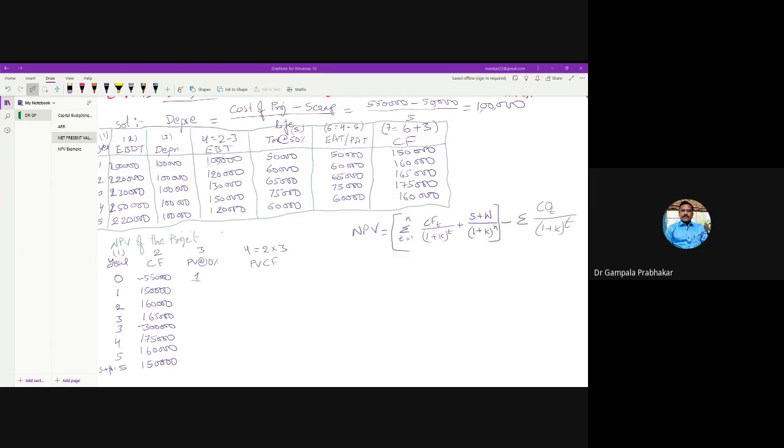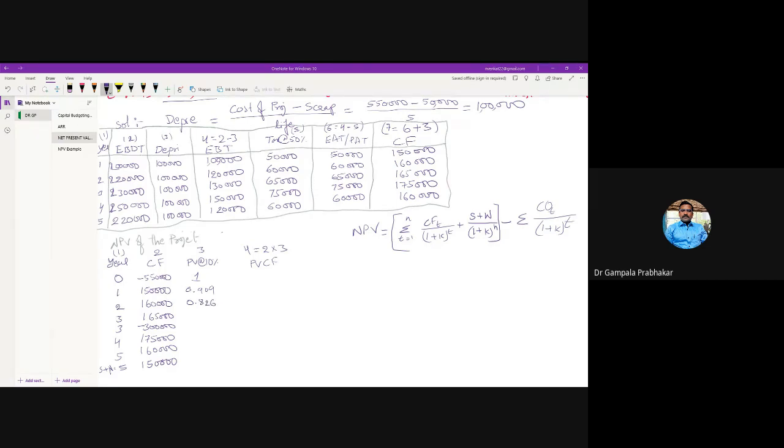So 10 percentage values are 0.909 for the first year, and 0.826 for the second year.